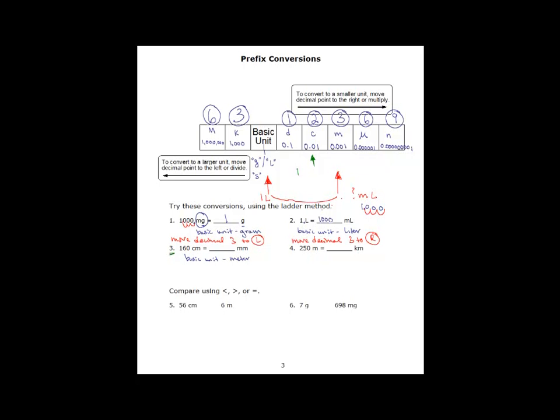So we have 160 centimeters. And we need to figure out how many millimeters it is. So we're moving from here to here. So if you look at these numbers, we're just moving from 2 to 3.